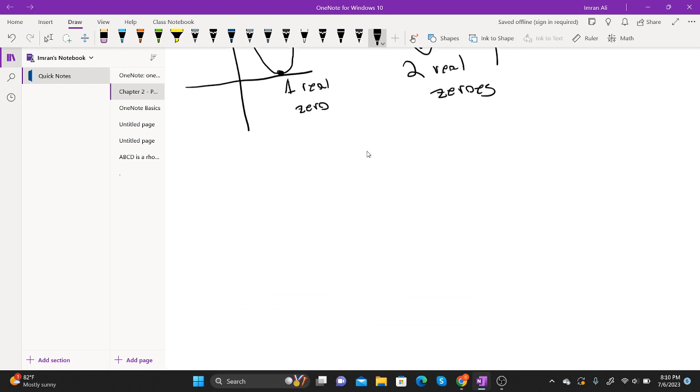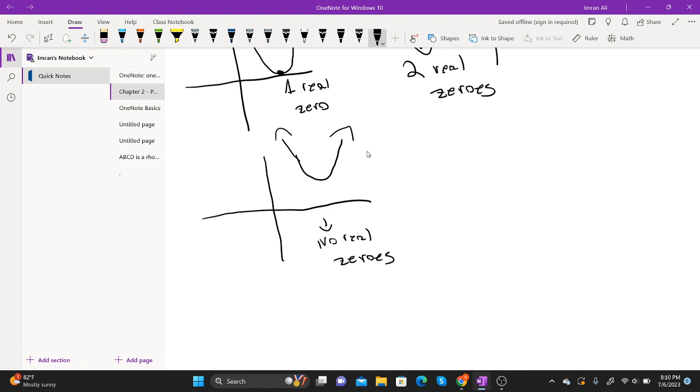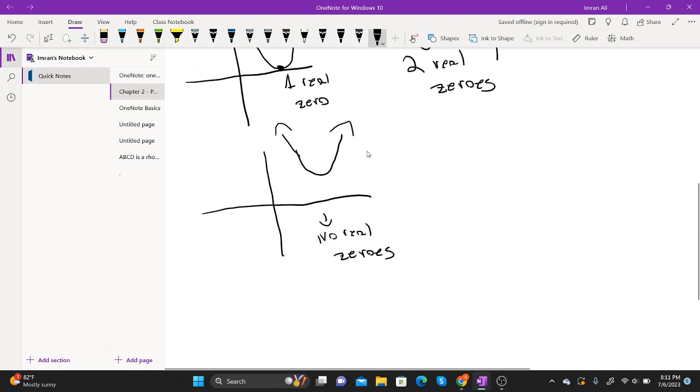And then you have no real solutions at all if it doesn't intersect with the x-axis at all. That's no real zeros. So this is 1, 2, and then no real zeros. That's the graph you need to focus on for the number of solutions or zeros.